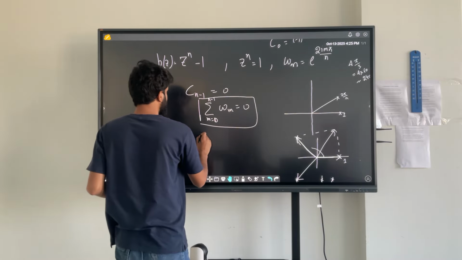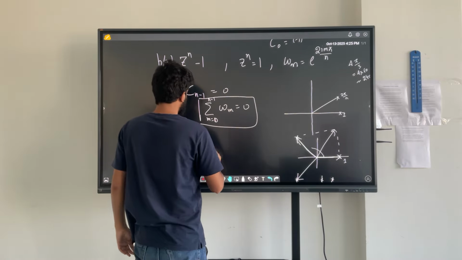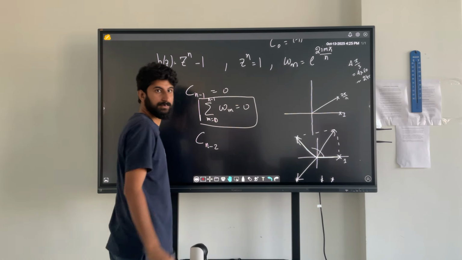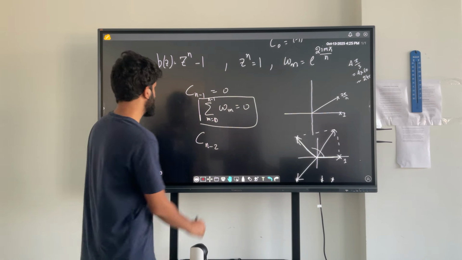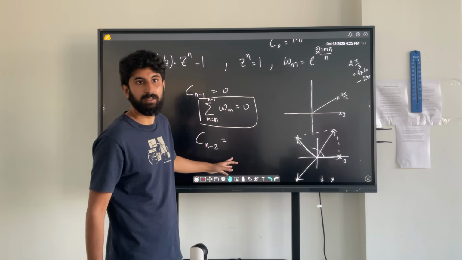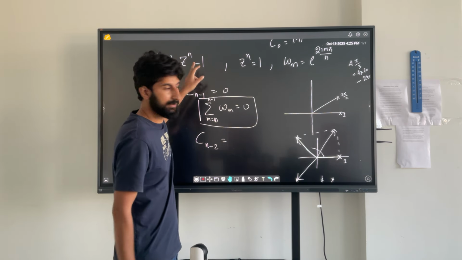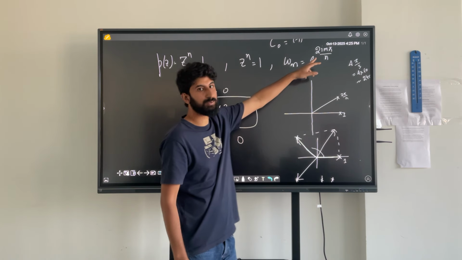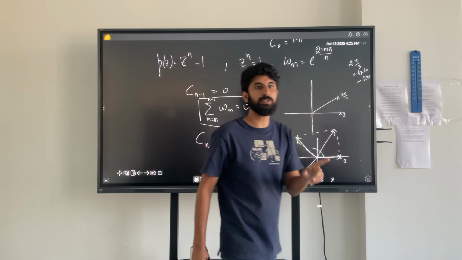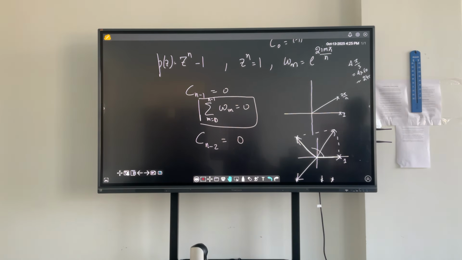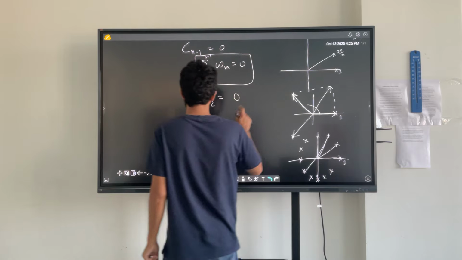What is the coefficient of x to the power n minus 2? It is 0. But in terms of roots, what is it equal to? Sum of zeros taking 2 together. So how do I write that?